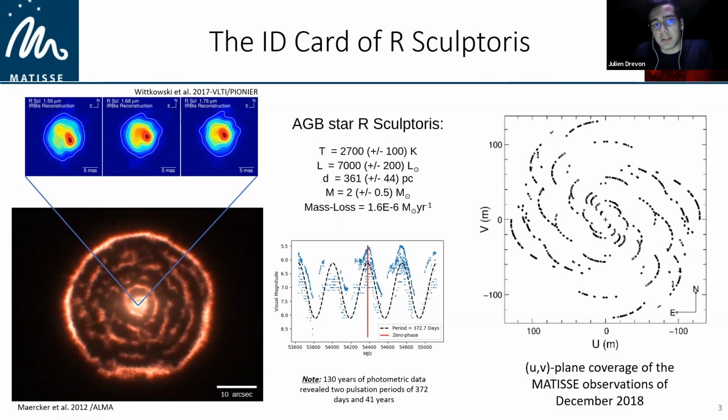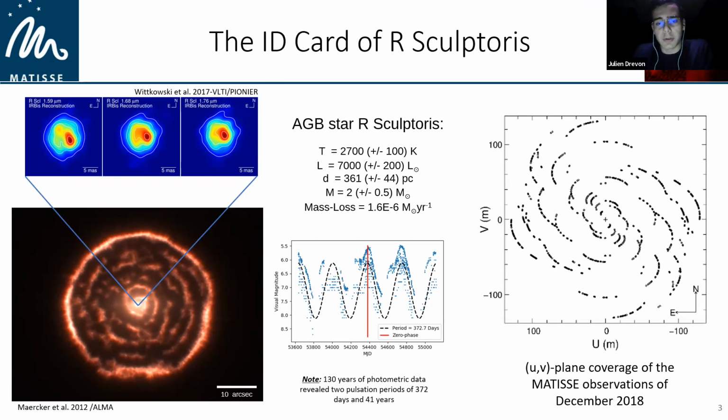MATISSE is here to try to observe the dense matter in the field of view around the star, in order to fill the gap between the two different scales.